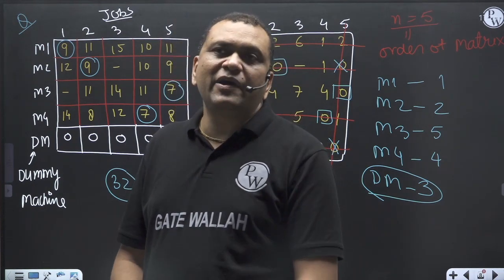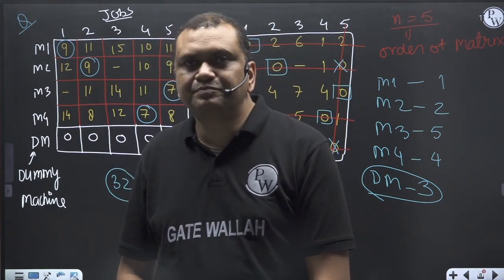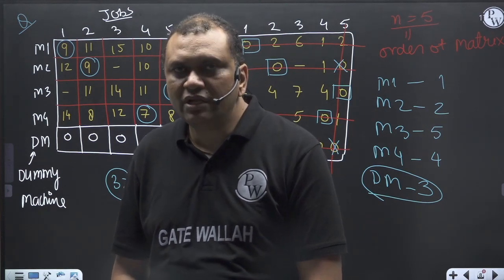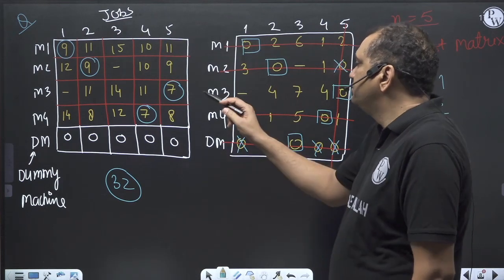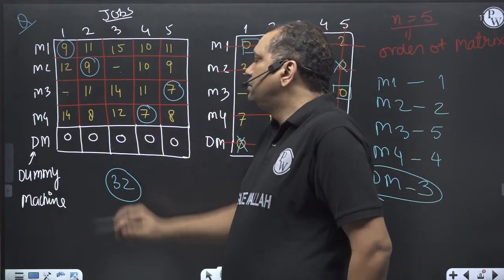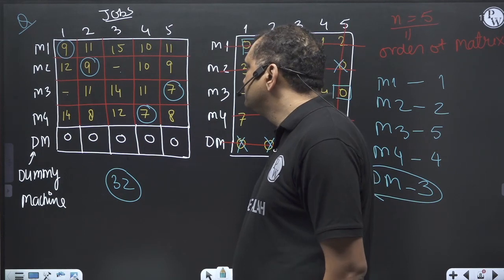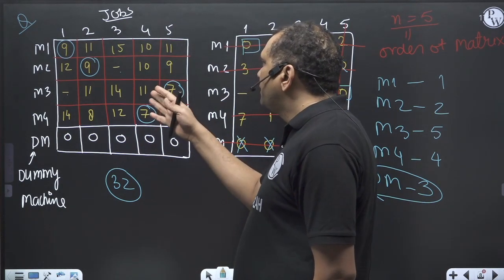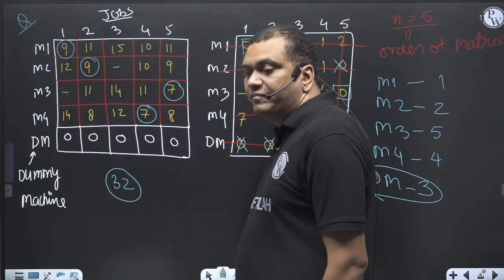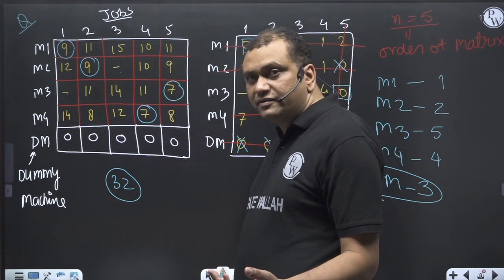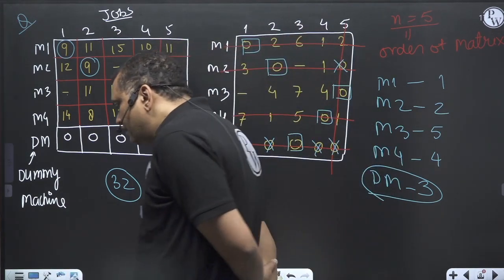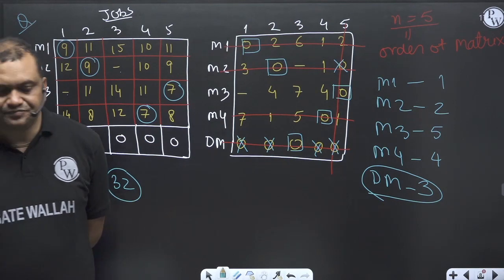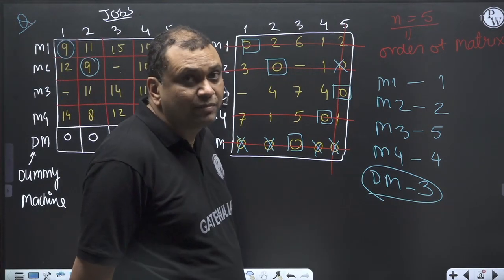In the second problem, I tried to explain that either there will be infinity, or the matrix may not be square. As I told you 2-3 times, in assignment and sequencing, variety is not possible.